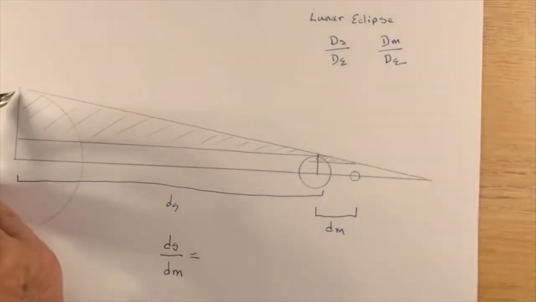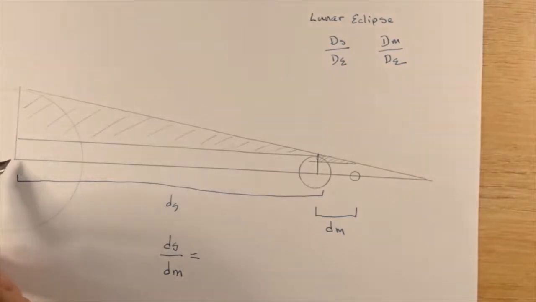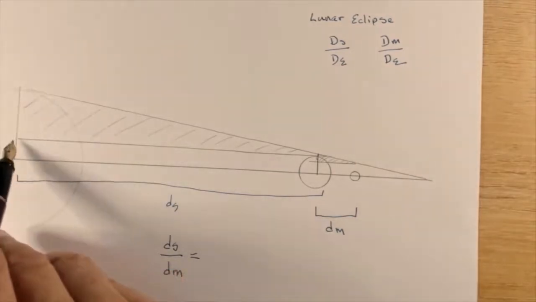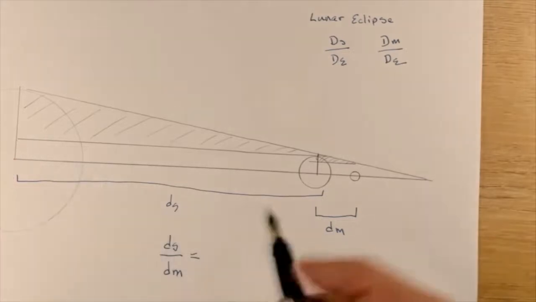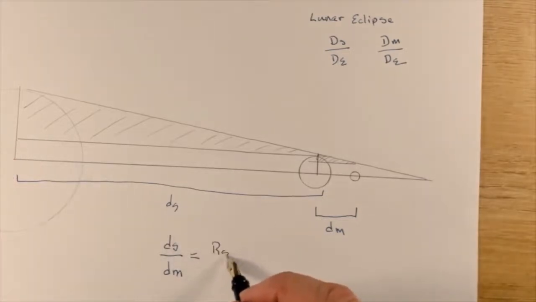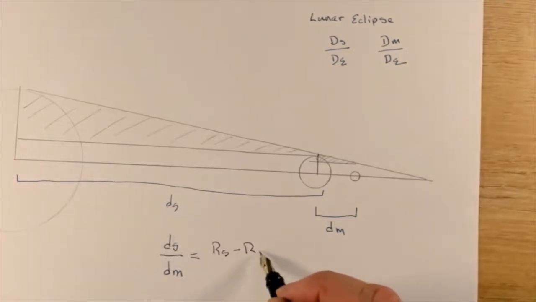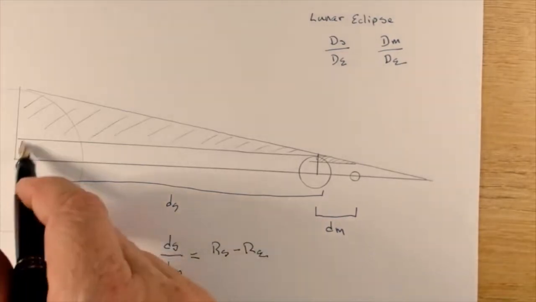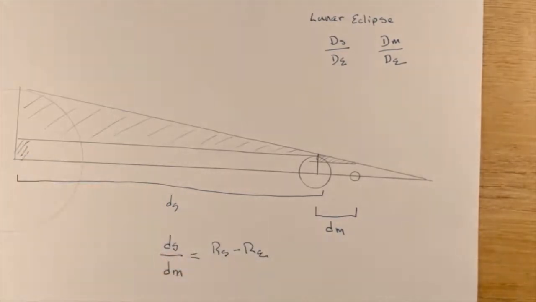Now, first we have the radius of the sun. However, the height of this triangle is not the radius of the sun. It's the radius of the sun minus the radius of the Earth. This is the radius of the Earth here.